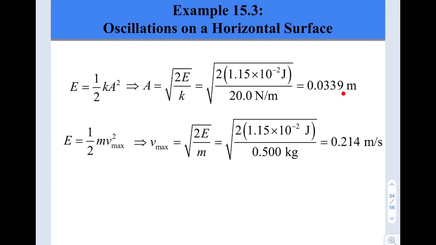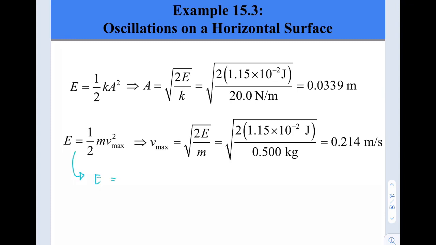From here you will get your A, which is not 0.03 anymore. It must be bigger. And then after that, you may also calculate your Vmax according to the E total equivalent to half m Vmax squared. Because at maximum velocity, the kinetic energy is maximum and the potential energy is already 0.